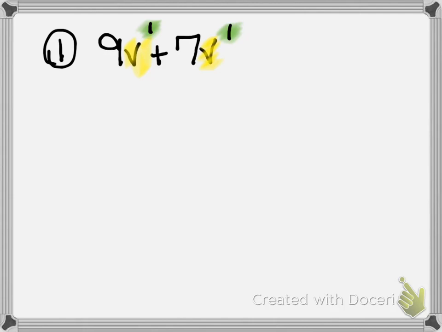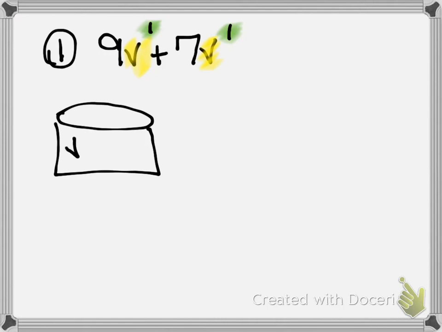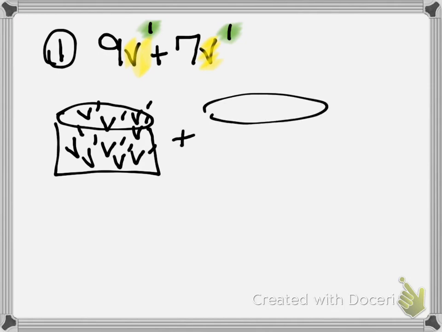This would be like you had a barrel, and in this barrel there are 9 V1s. And then we have another barrel, and in that barrel we have 7 V1s.